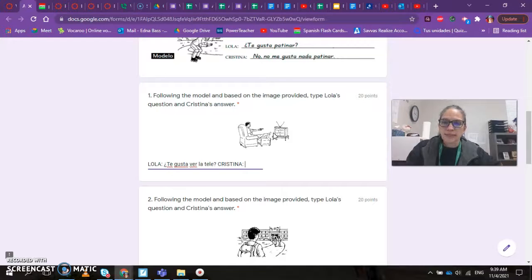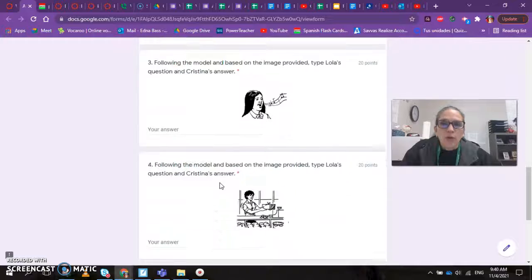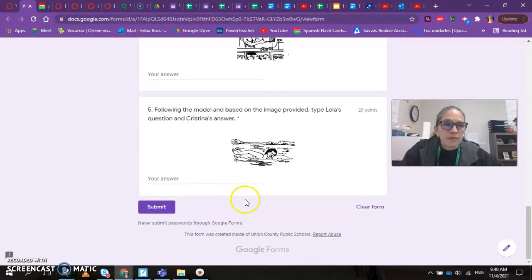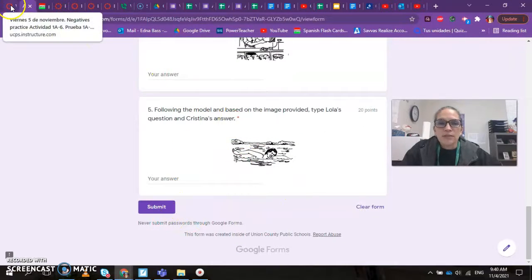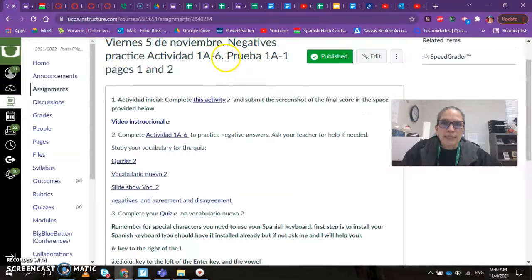And Cristina says, no, coma, no me gusta nada ver la tele, period. Okay, so you are going to put the question and the answer there. Question, and don't forget to put who is saying what. Just like in the example. So you are going to do 5 of this, and then you submit. So that is your actividad 1A-6.